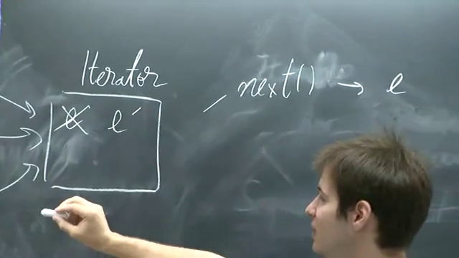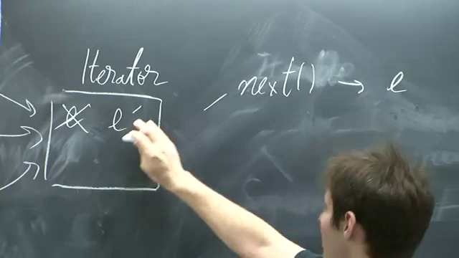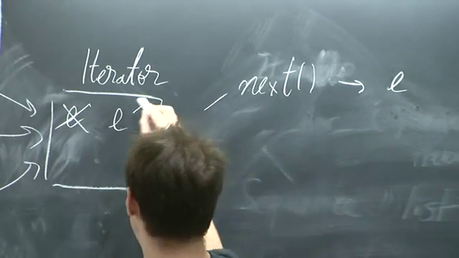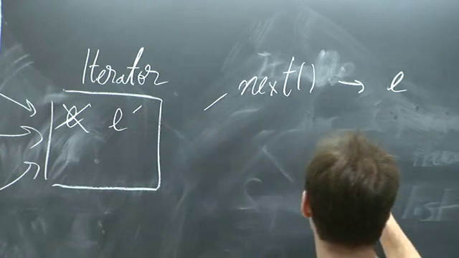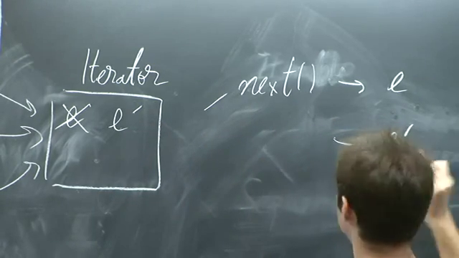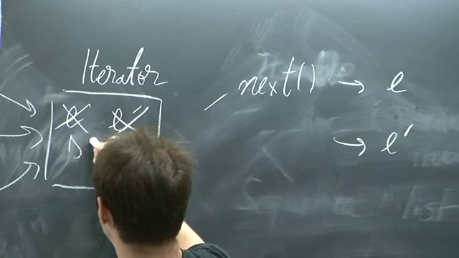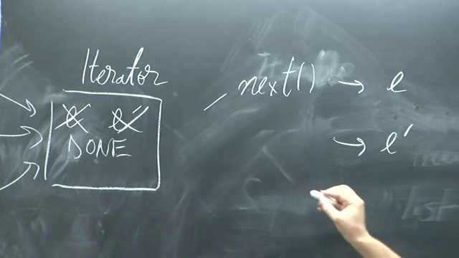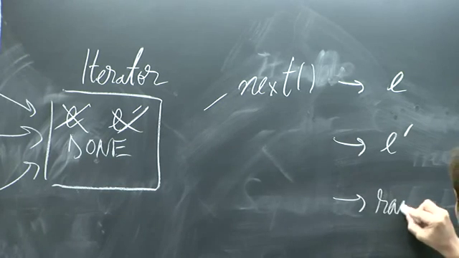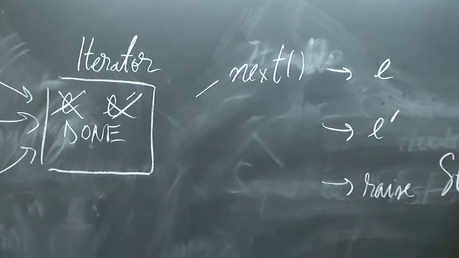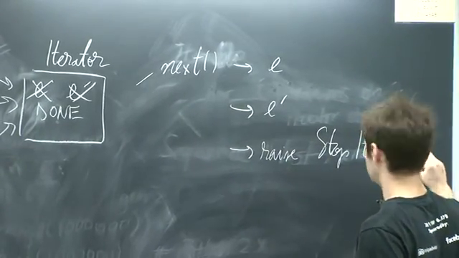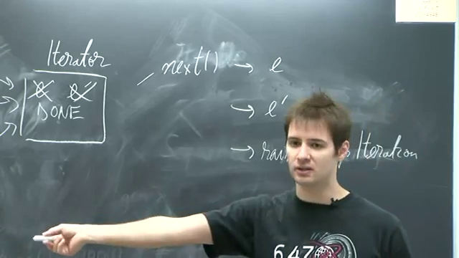So every time you call yield, we put a new element in the box and we return the old one. So now we would return E prime, take it out, and put done in the box. So in the future, if next is called again, raise stop iteration. No more freezing, unfreezing, because we're done. We returned.